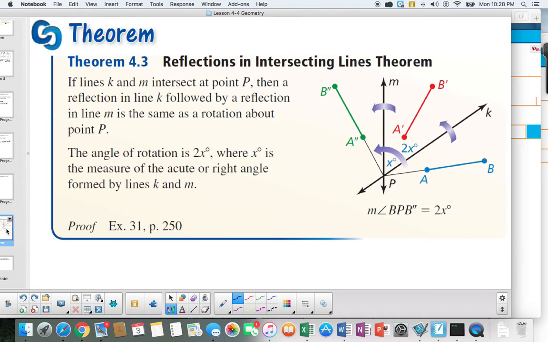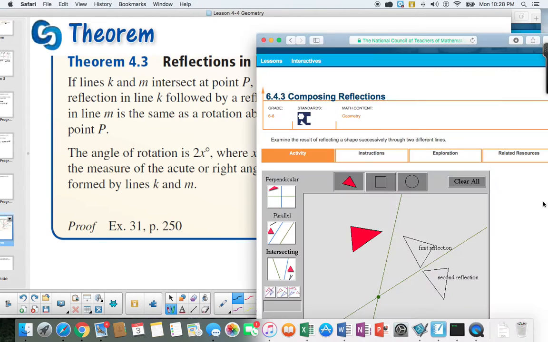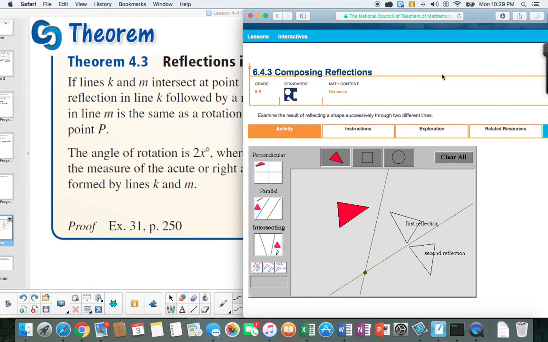Now let's talk about reflections over intersecting lines. And I have an example here. Okay, so here we have two intersecting lines and we reflect. Let me change this a little here. Okay, so this is a reflection, and then this is a reflection over here.